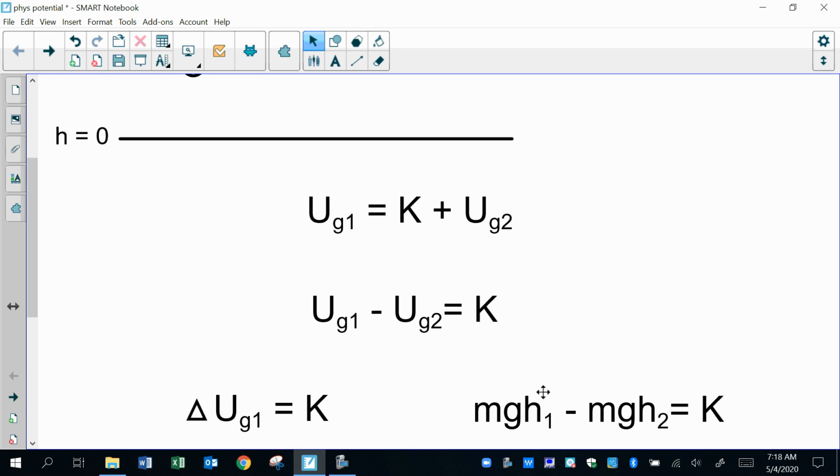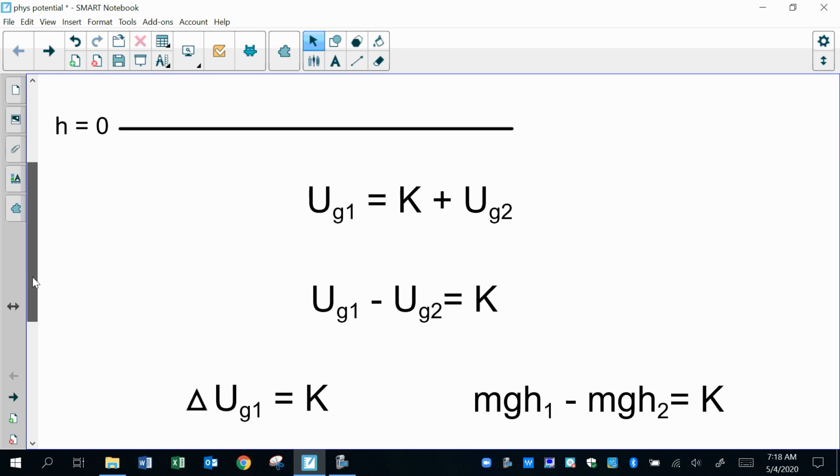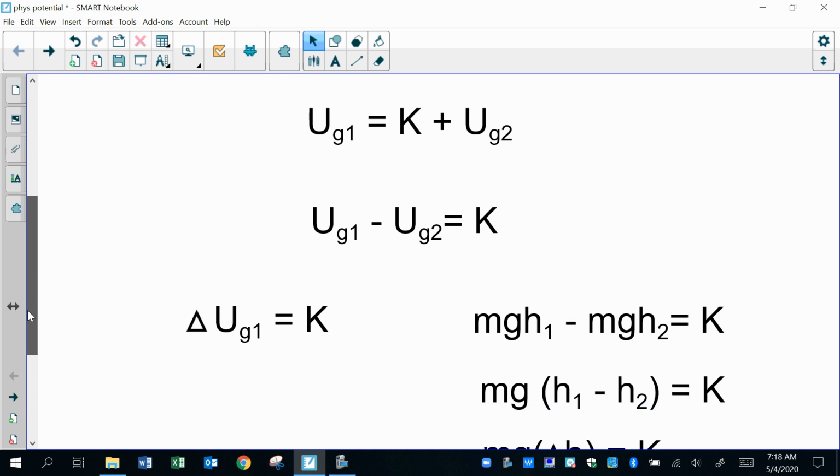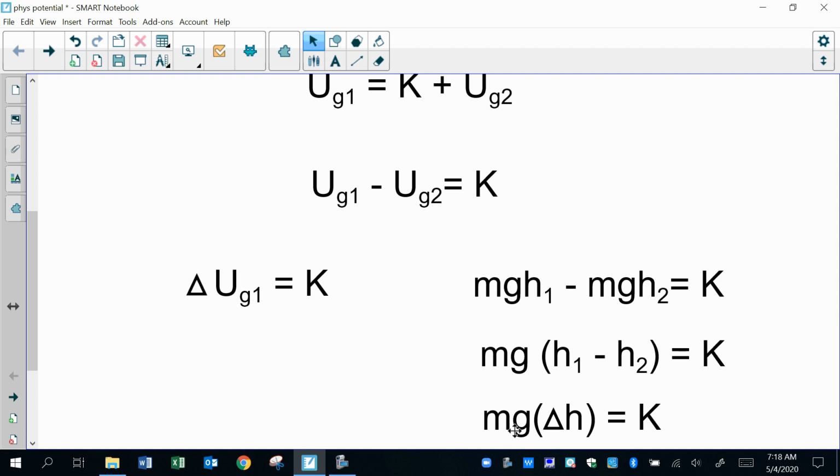If I look at the right-hand side, equation for potential minus equation for potential, m and g remain constant. So what I can do is simply look at it as mg times the change in height. So again, all that matters is the change, not the actual individual values, because those individual values depend on where we decide 0 to be.